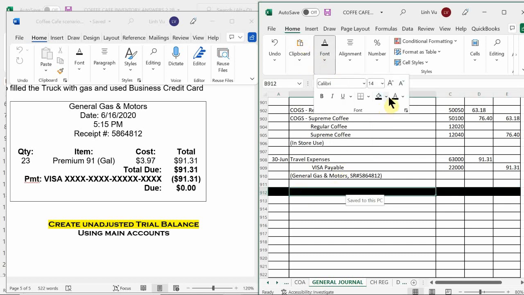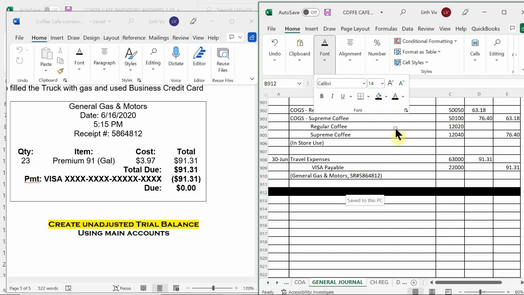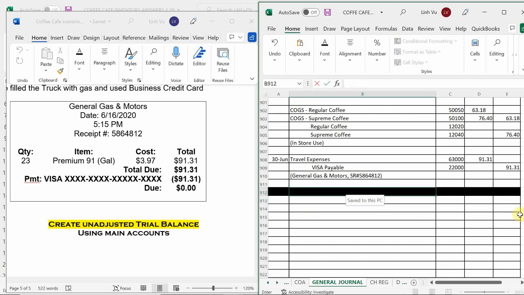So in this case, no more adding to our journals from here, and if we make a mistake, then we can correct it from there. So this is the unadjusted trial balance, and you can even write week 5.